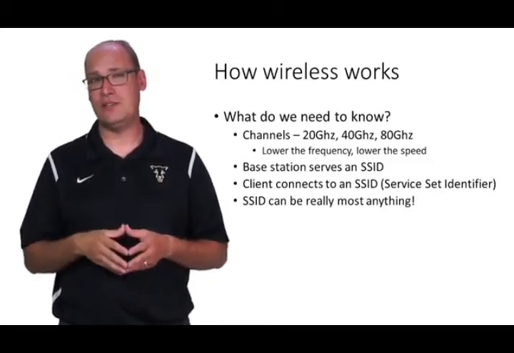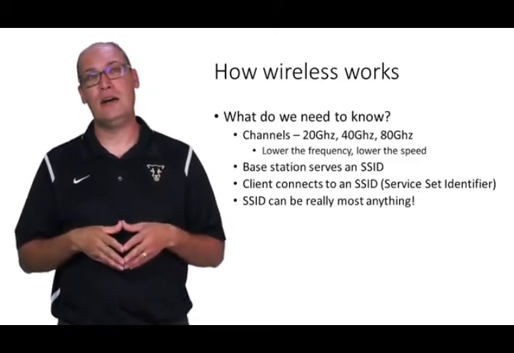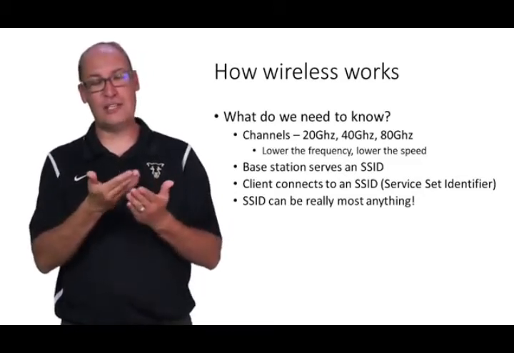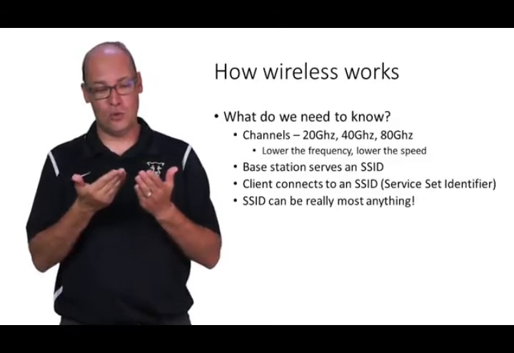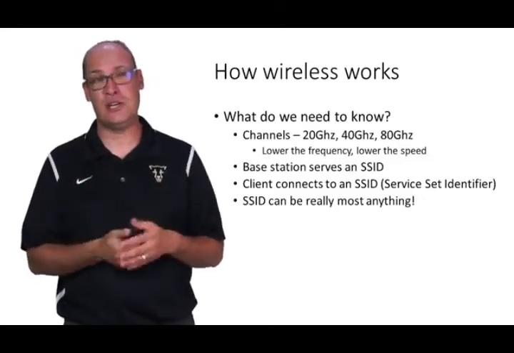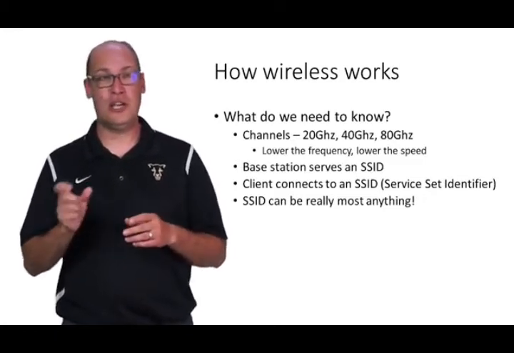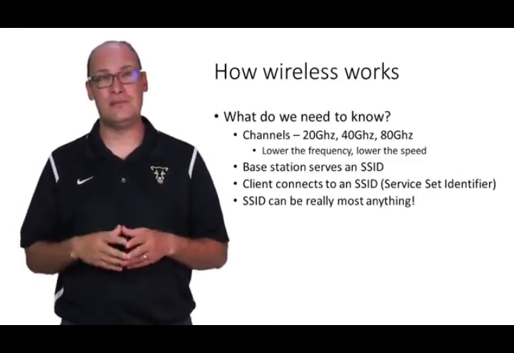We identify this in a number of different ways. However, it also takes up a certain channel. So if it's 2.4 gigahertz, for example, and there's only 3 channels that I can connect to, it takes out one of the channels that I need to connect.